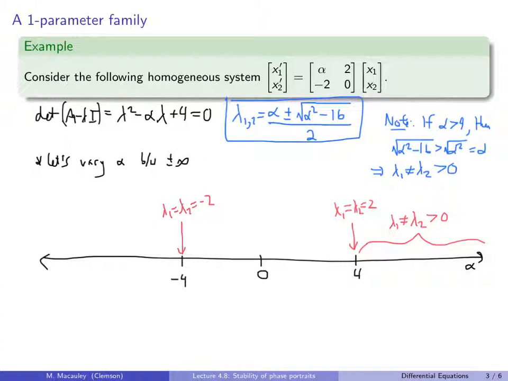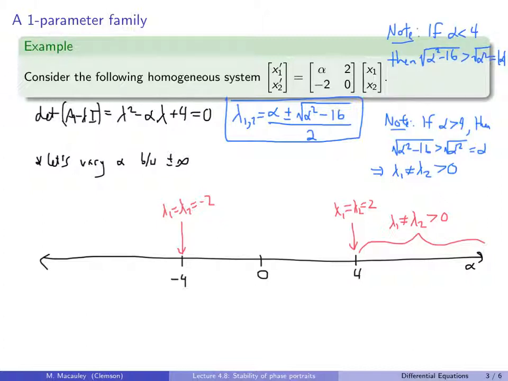Okay, so what happens? Let's see, what do we want to do? So what happens if we're out in this range? Let's do a symmetry thing. So note, if alpha is less than negative 4, then again alpha squared minus 16, alpha squared is positive, and this thing again is less than alpha squared, which is the absolute value of alpha.